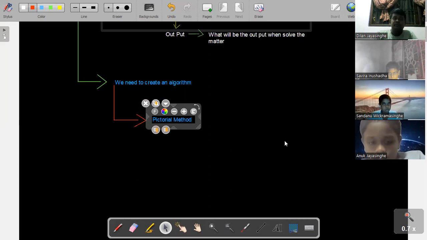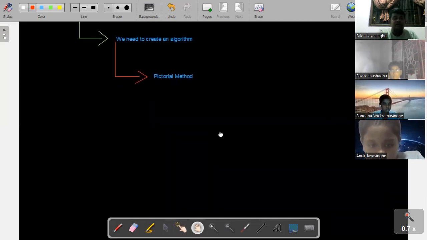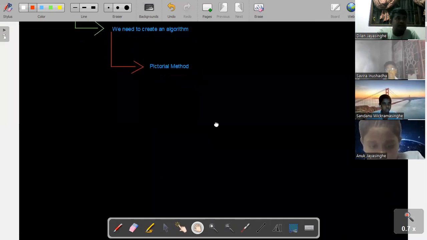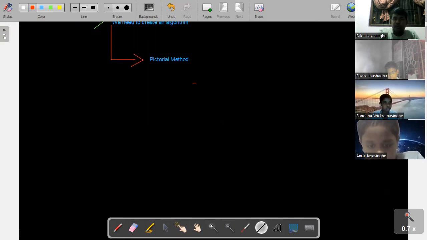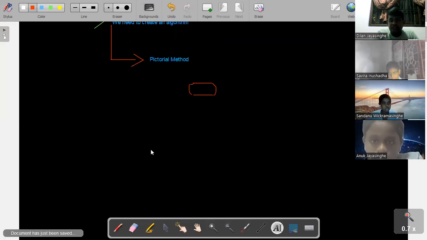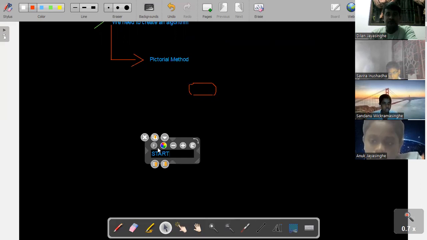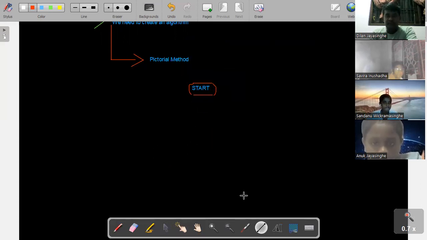You know what symbols we need to use when creating a pictorial algorithm, right? Here, I'm going to start by using the oval, start, then we need to input numbers.